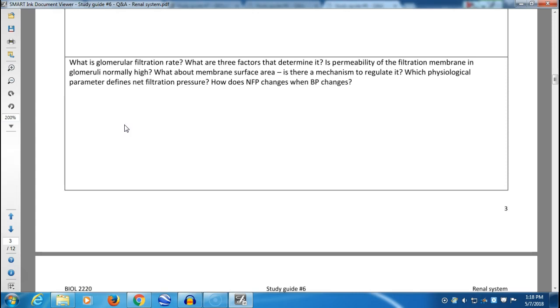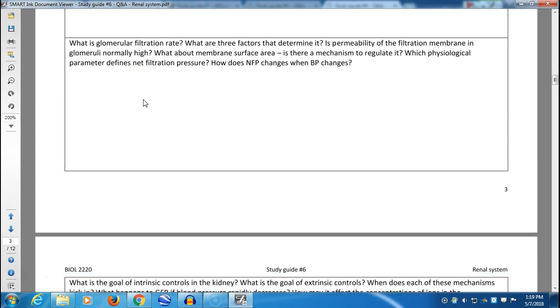And then the pressures. Now, remember, the main way to regulate GFR is to change the blood flow, not surface area so much. How do we change the blood flow? We dilate or constrict arterioles. Does that make sense?